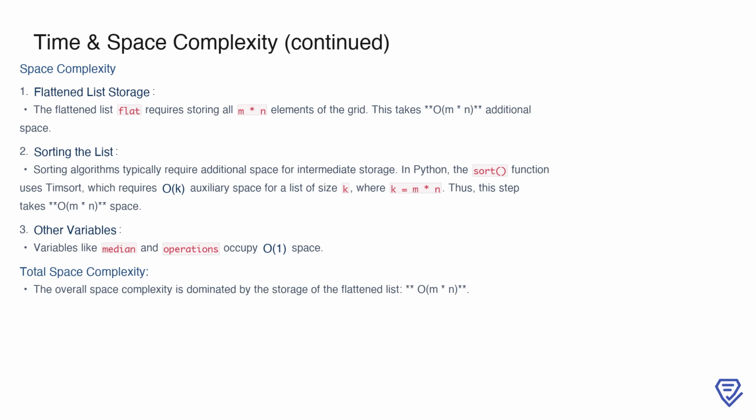Since k equals m*n in this case, sorting adds another m*n to the space complexity. Additionally, we use a few constant space variables, such as the median and the operations counter, which contribute O(1) to the space complexity. When we combine these factors, the total space complexity is dominated by the storage of the flattened list, giving us an overall space complexity of m*n.